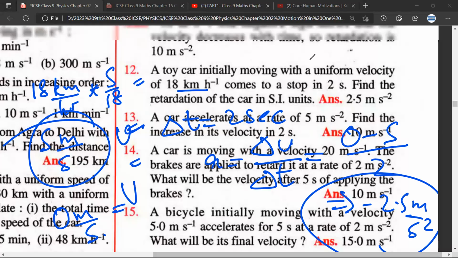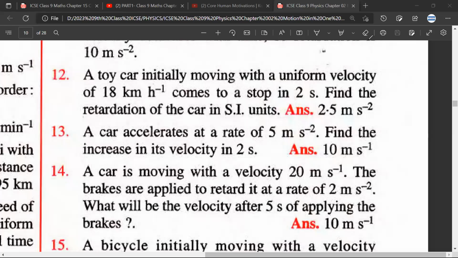So let us move on to the next numerical. A car accelerates at a rate of 5 meter per second square. Find the increase in its velocity in 2 seconds.